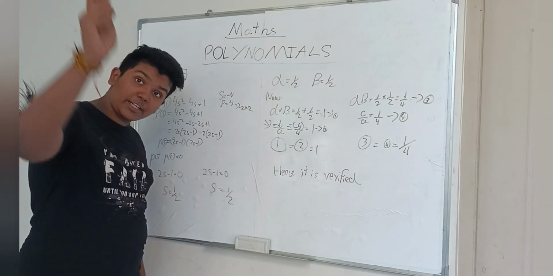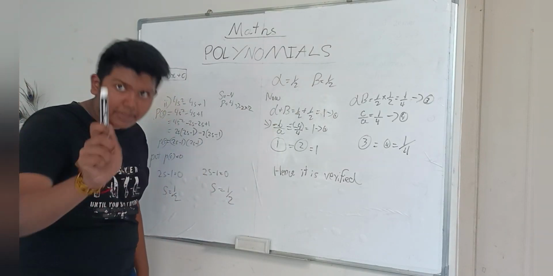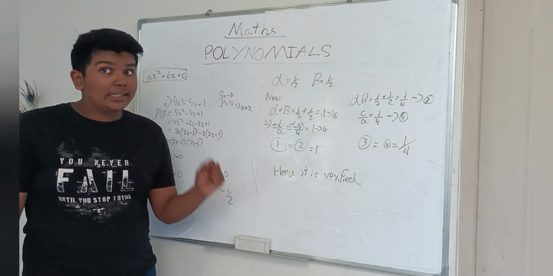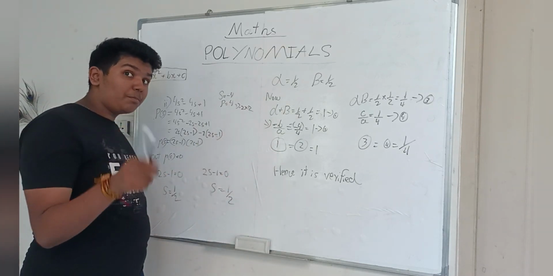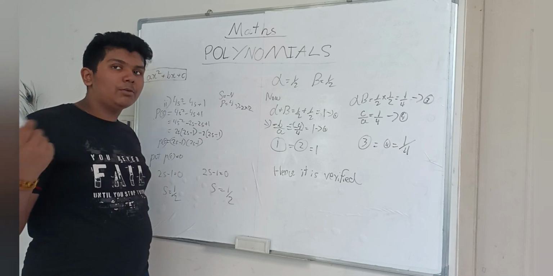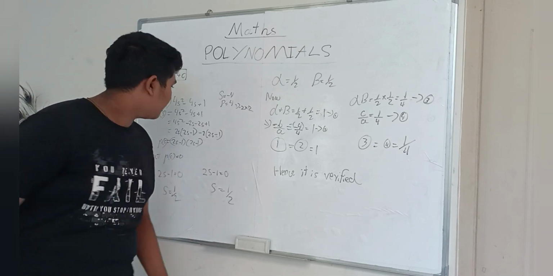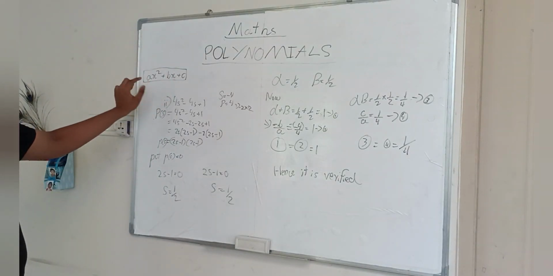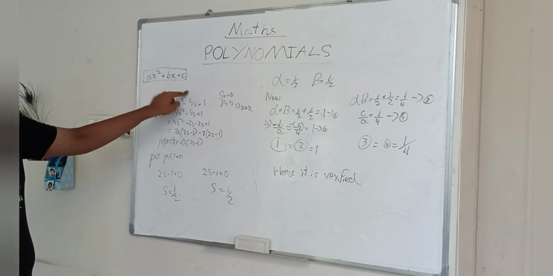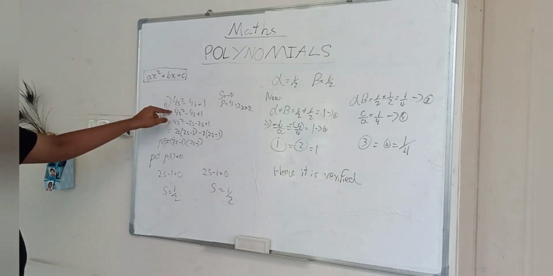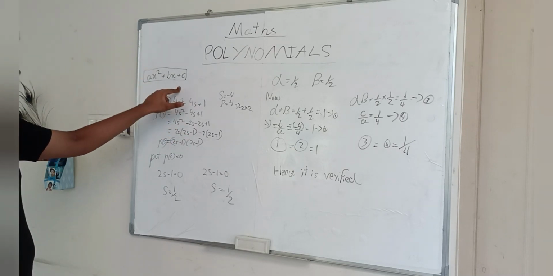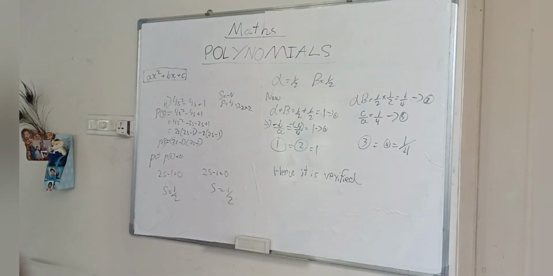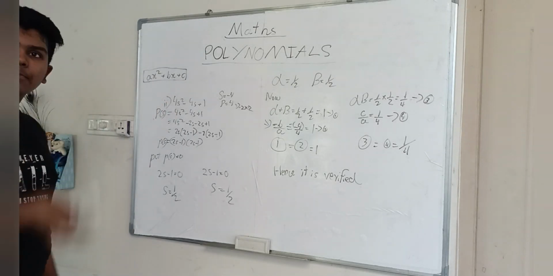We are putting this verification as equation 1. Now minus b by a is equal to minus into what's the number for b? Remember this formula, ax square plus bx plus c. A is equal to 4, b is equal to minus 4, c is equal to plus 1. So what is the number for b? Minus 4.